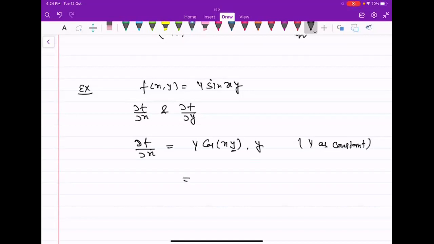So you are getting here y squared cos(xy). This is the value of del f over del x. We are also representing it by fx.